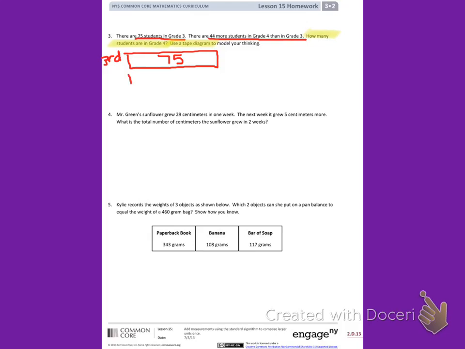Now I'll draw the same rectangle and put a little dash line here and extend it even further. This is the 75 that third grade had. Over here is the 44 additional students that fourth grade has. I will label this fourth.